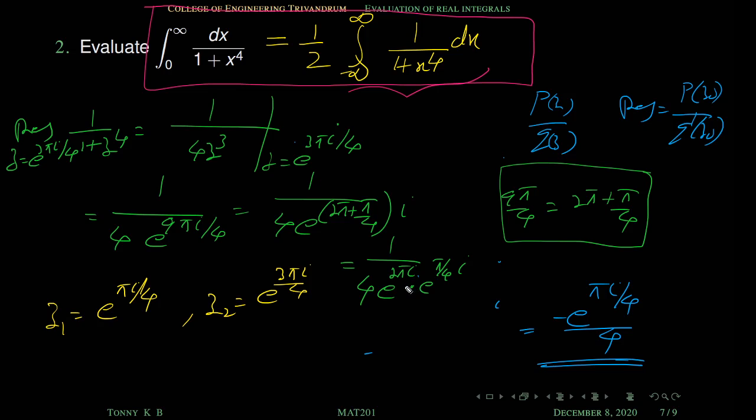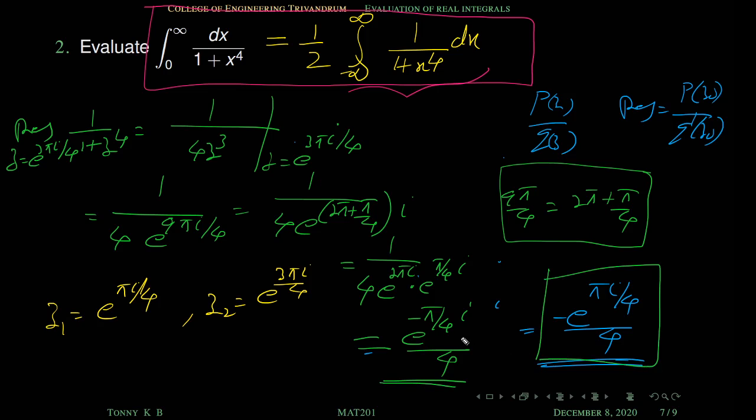That is cos 2 pi plus I sin 2 pi, and cos 2 pi is 1, sin 2 pi is 0, so this becomes 1, and this is e raised to minus pi by 4 I. So the residue is e raised to minus pi by 4 I divided by 4. So this is the residue at z1, and this is the residue at z2.